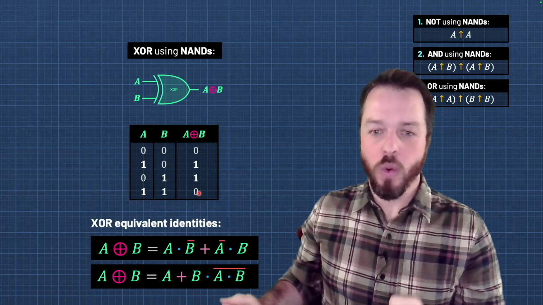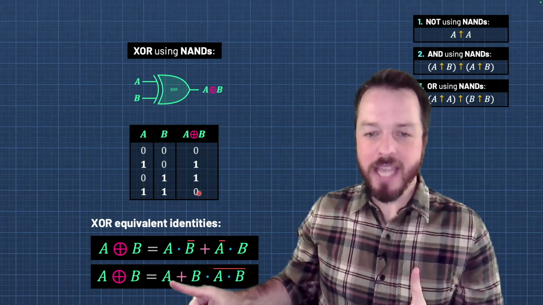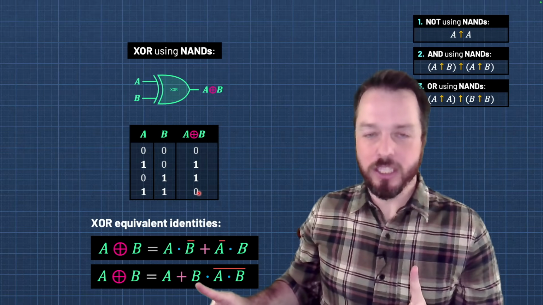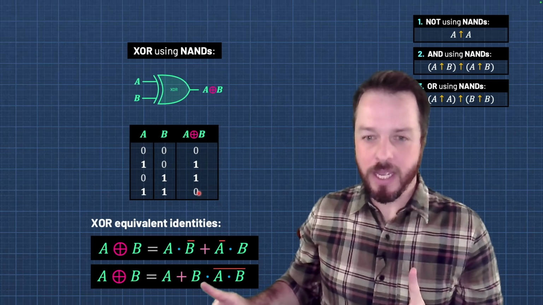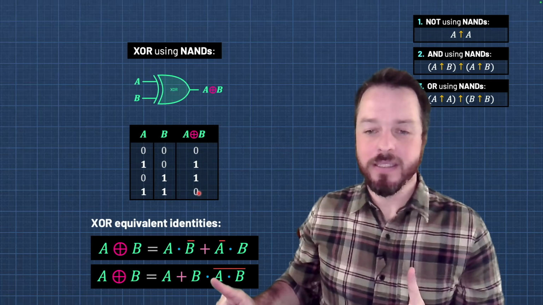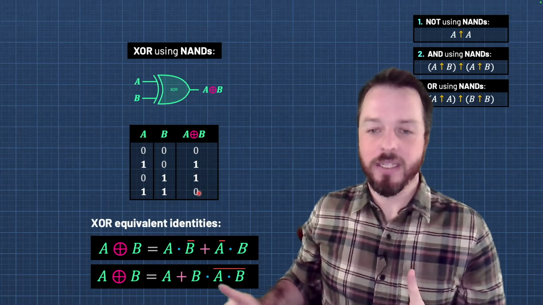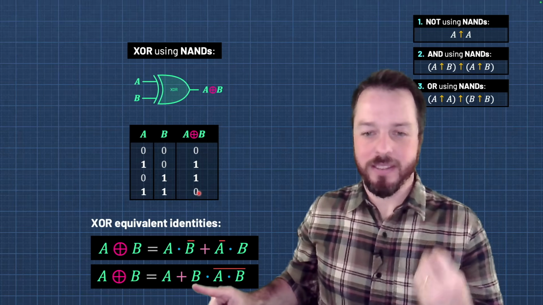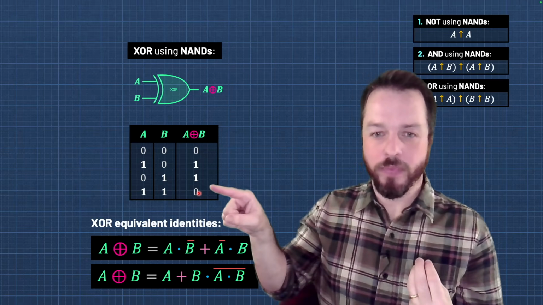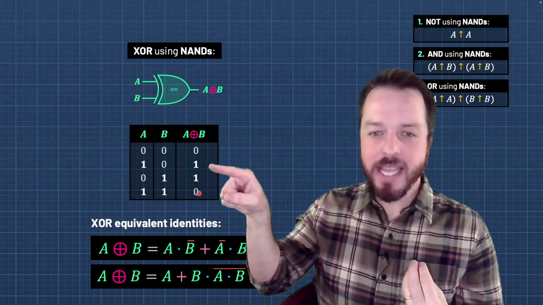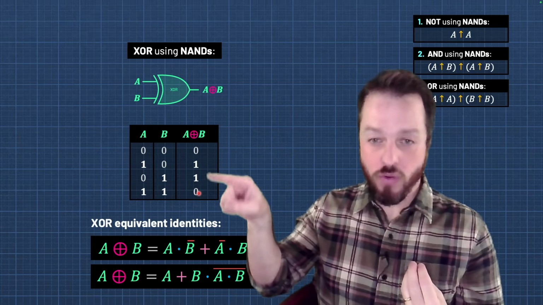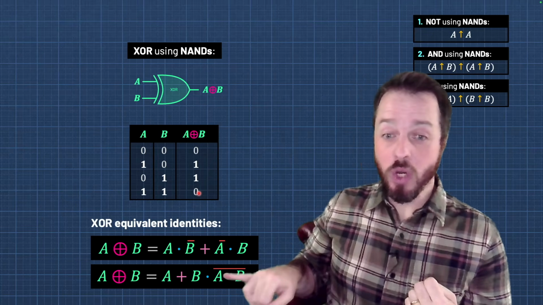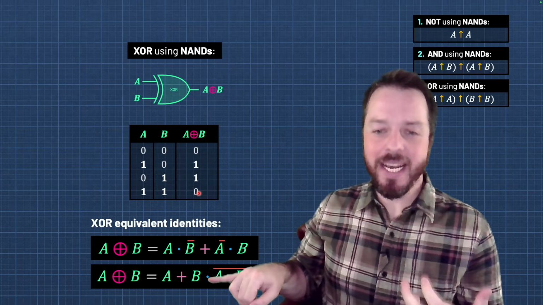Exclusive OR is true when A is true or B is true, and not A and B. So I'm getting that the XOR is true when A is true or B is true, but I'm excluding, I'm combining this AND.